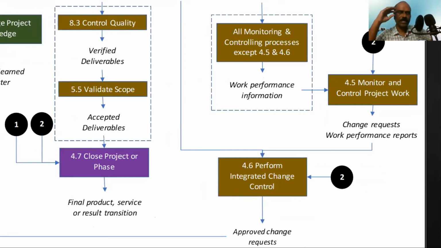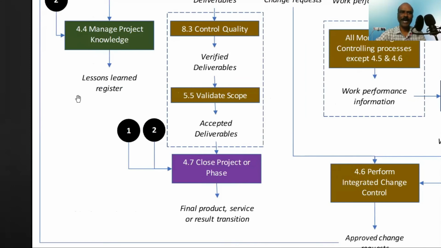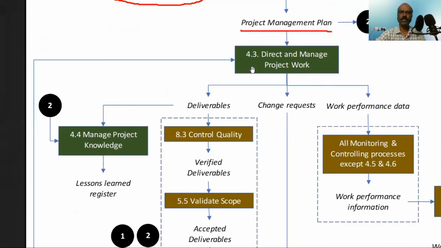It could be asking to change the schedule. It could be asking for additional budget. It could be asking for a change in scope. It could be omission of something. It could be addition of something. How do we review and approve this? That is the process called perform integrated change control. Once this approves the change request, it goes back as an input to execution.